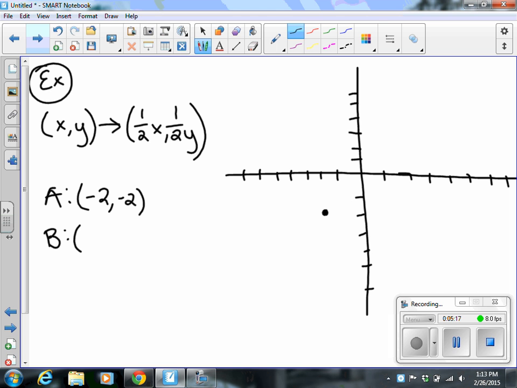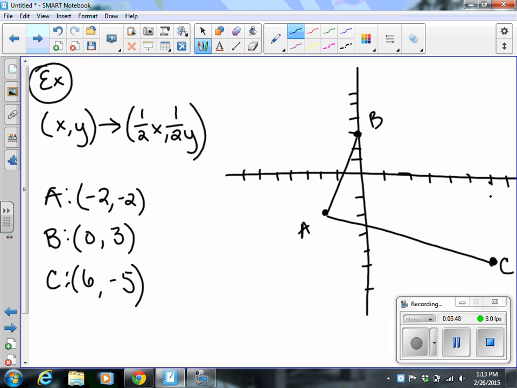B is going to be at (0, 3). And C is going to be at (6, -5). All right, so you need to go ahead and complete the dilation.